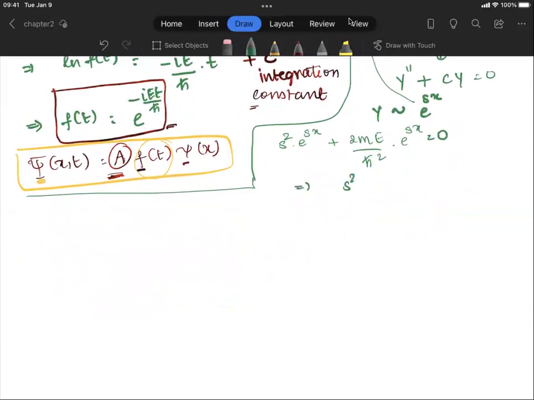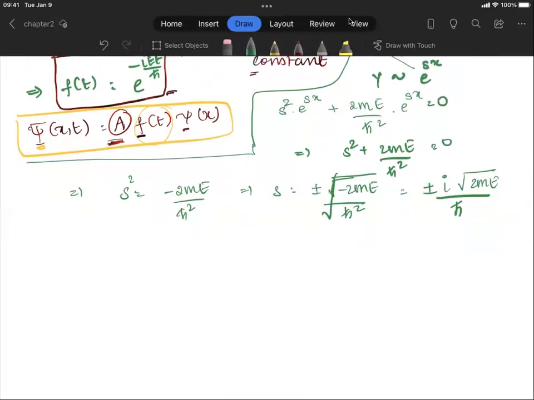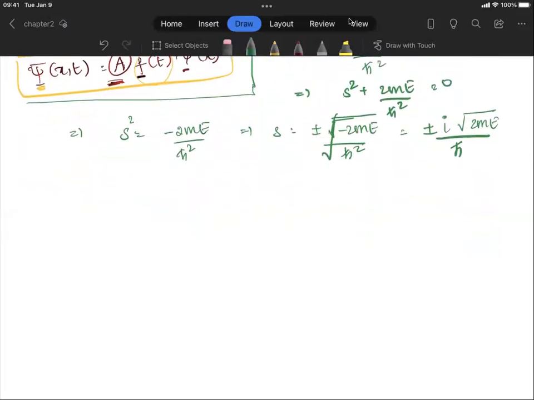Now I can write it with the square root of -1, which is i. I'm sorry, this should be a square root of the whole thing. And the square root of h bar squared is just going to be h bar, right?